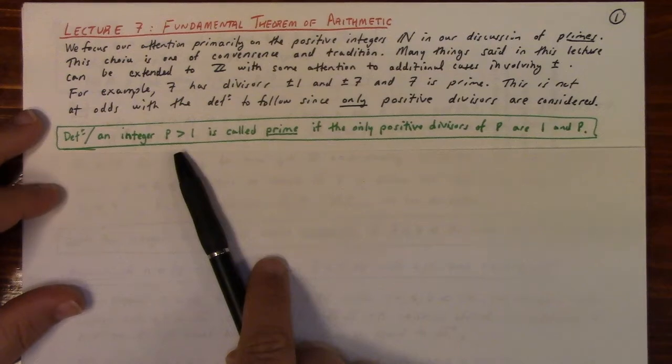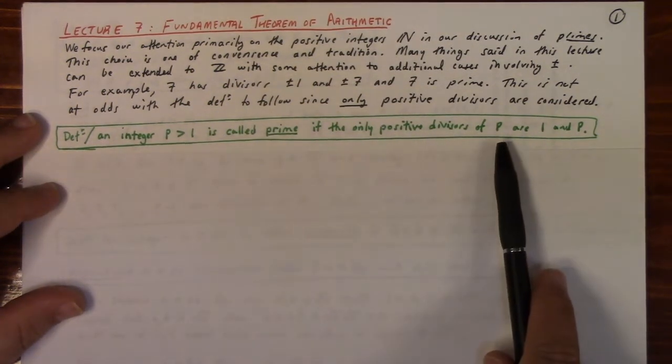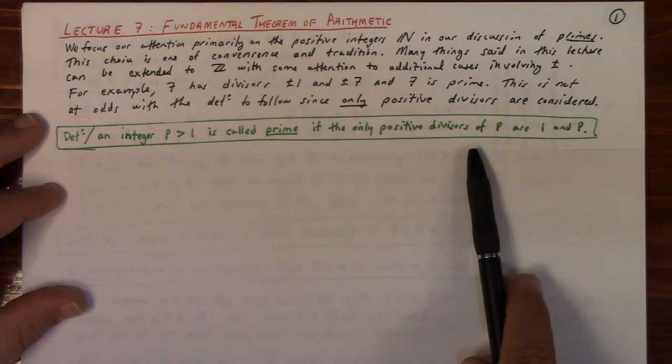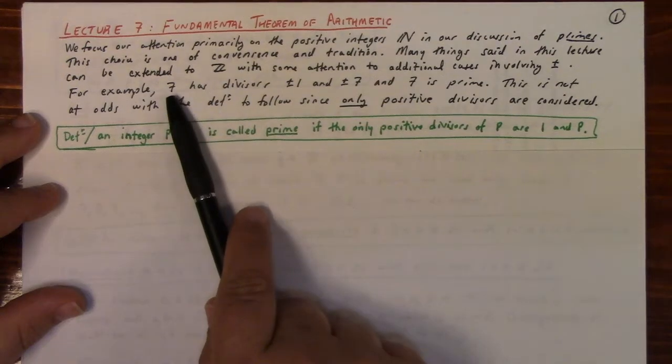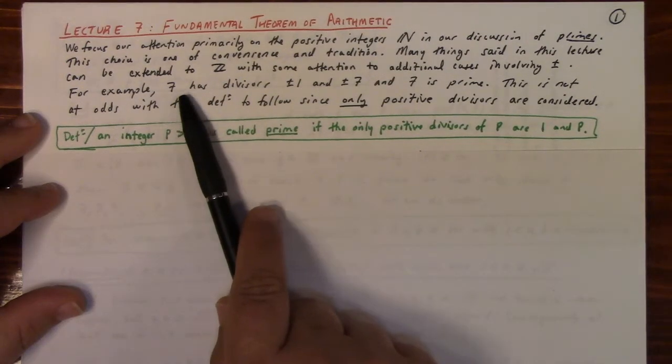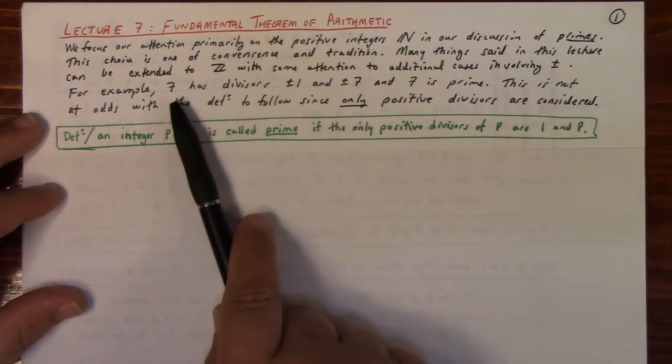Now, in some sense, this definition is a little bit ad hoc, because if you just think about divisors of 7, what are they? Well, you've got plus or minus 1, and you've got plus or minus 7. So it's not like there are just two possible ways to divide 7.